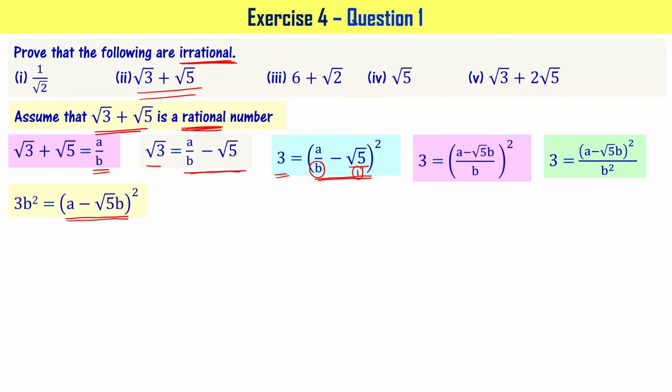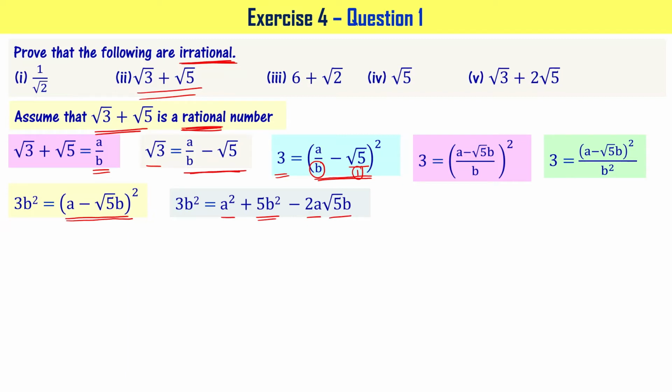This is looking like (x minus y) whole square, right? We know that (x minus y) whole square can be written as x square plus y square minus 2xy, right? Using that formula, let me expand this and write it as 3b square equal to a square plus 5b square minus 2a times root 5 b.